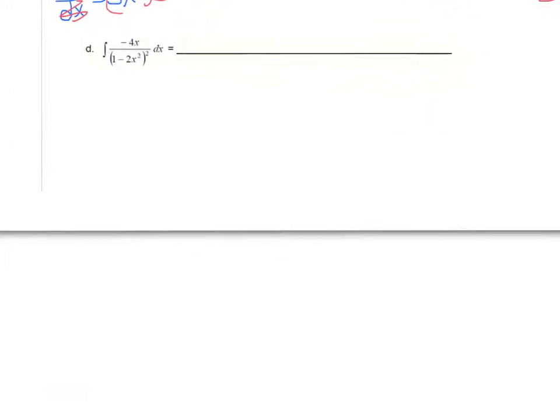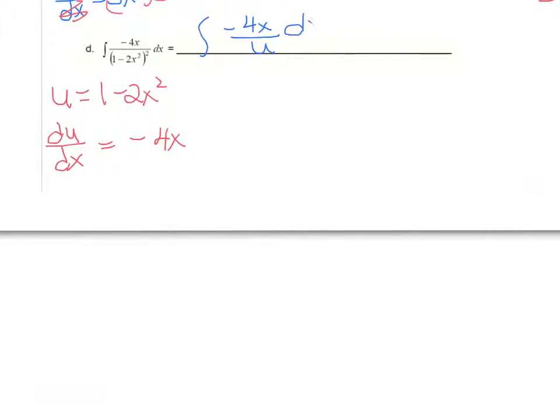Okay, and last but not least for d, the u is going to be 1 minus 2x squared, because then the derivative is negative 4x. So substituting into my integral, I have negative 4x over u dx.